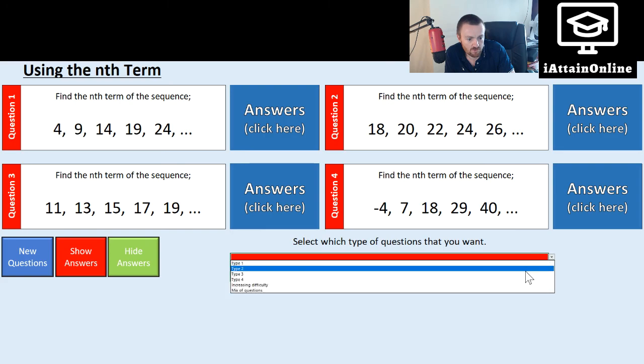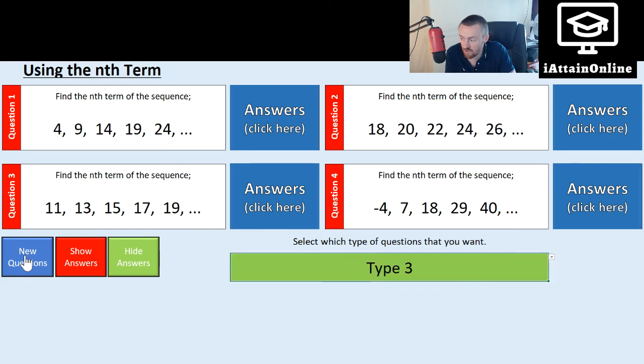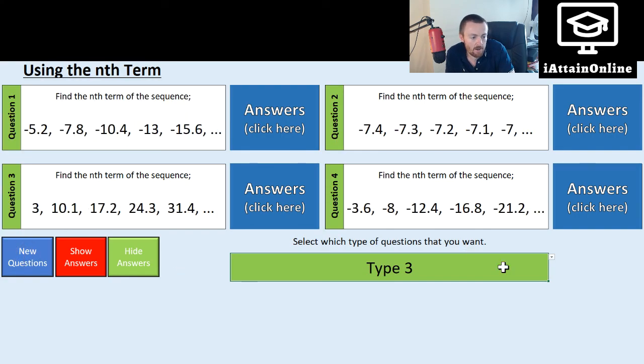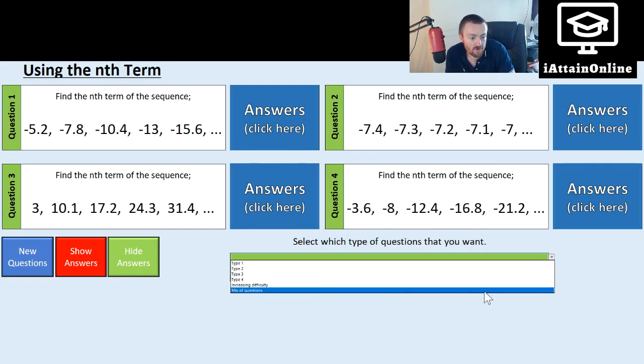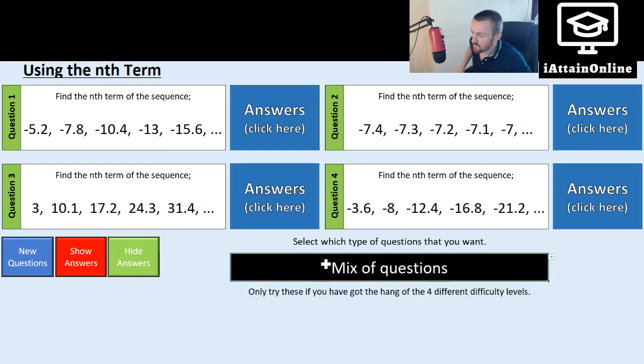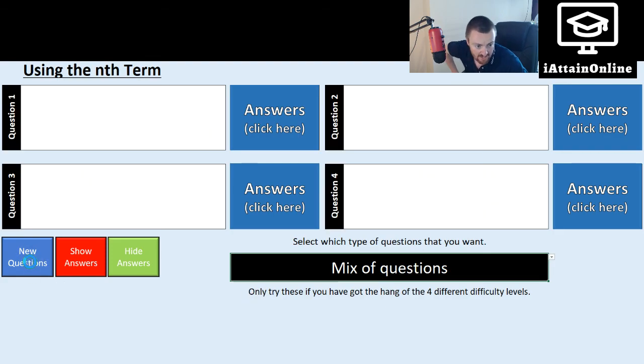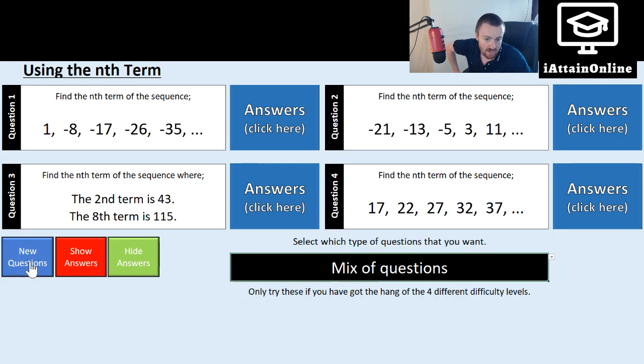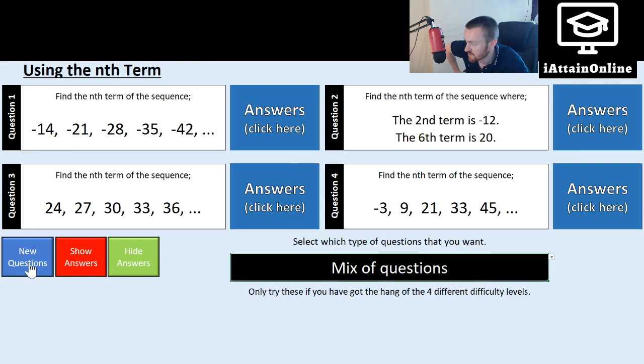If you want to do any of the third type of questions, just click that type 3, and so on and so forth. If you've got the hang of all of them together and you don't want to be told which level of difficulty the question is, you can select mix of questions and it will just give you a mixture of them, and then you need to use everything you know to try and figure out which is which.